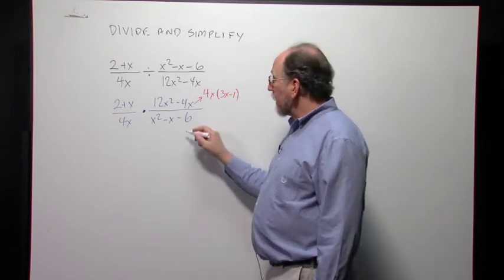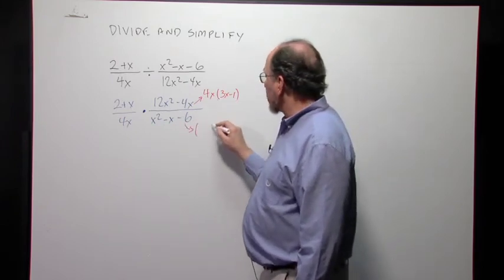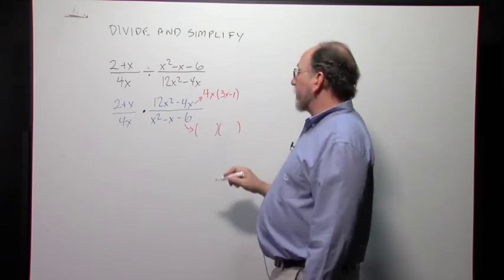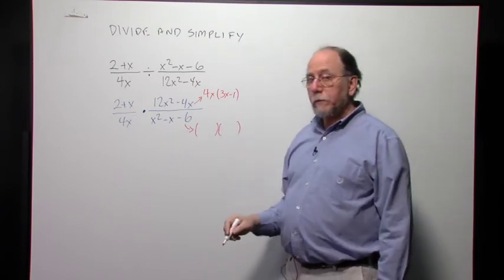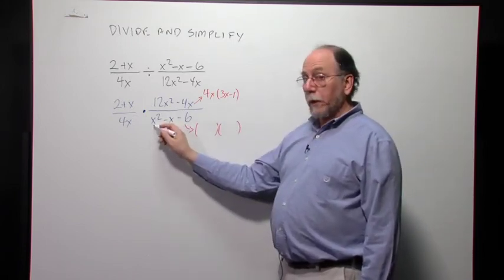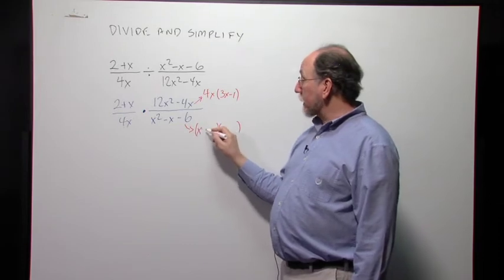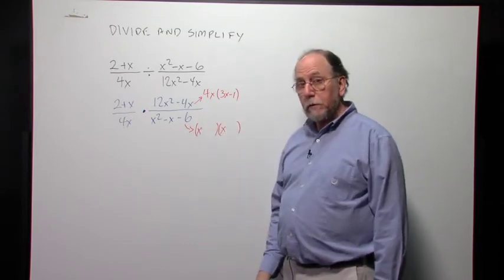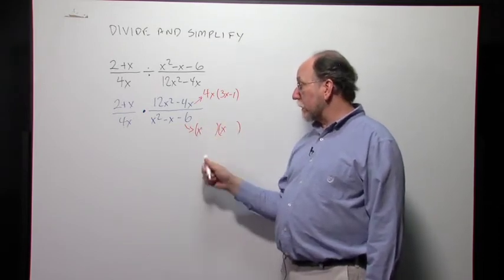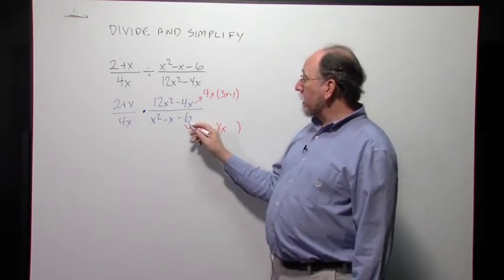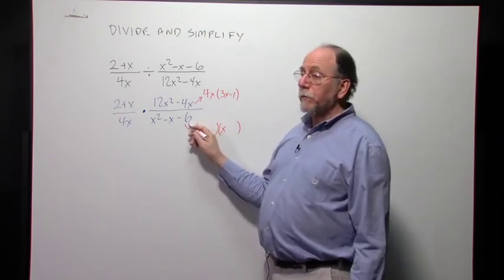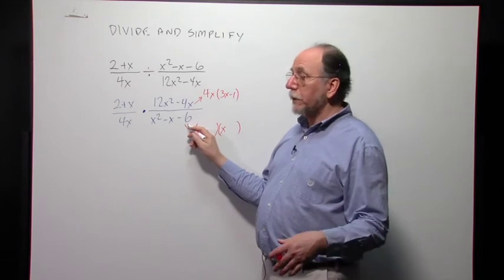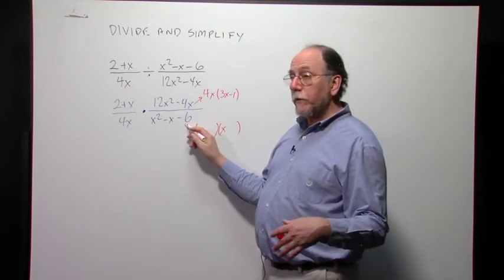Right? And this one factors as well. That's a binomial factorization of a trinomial. We've seen that before. To get x squared, we're going to multiply x times x. So we need an x in each of these parentheses. And what multiplies to get negative 6? Well, it could be negative 1 and 6, negative 2 and 3.